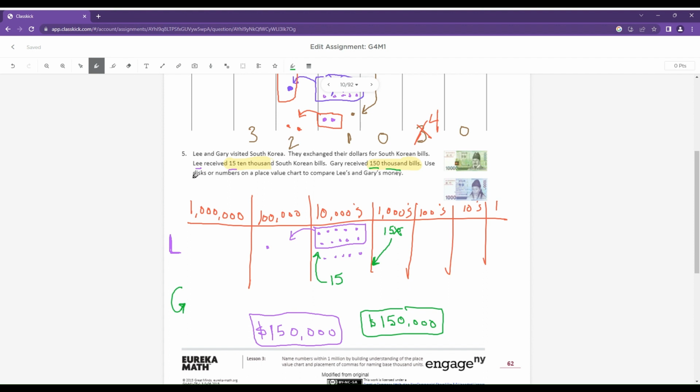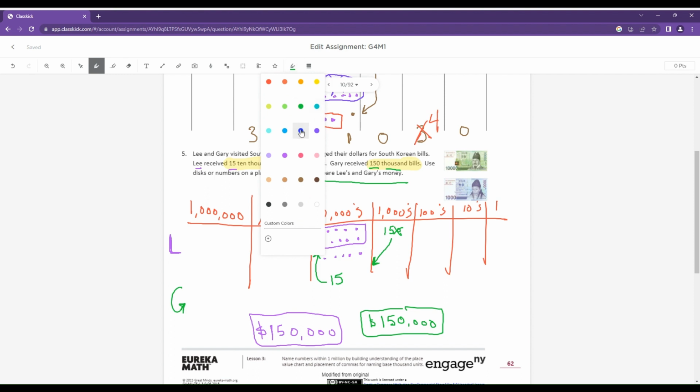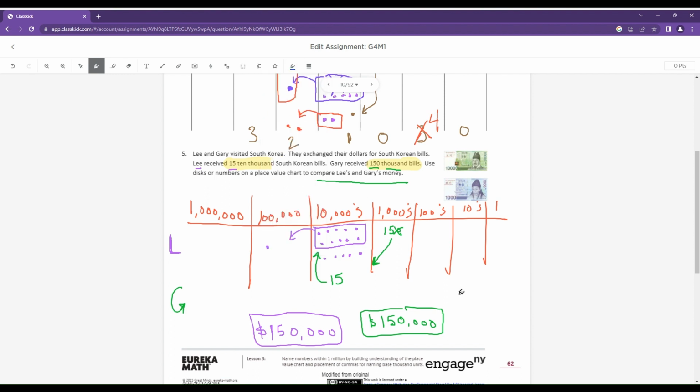So use this or the numbers on the place value chart to compare Lee and Gary's money. Well, there's not really much to compare because they have the same amount of money. Let's say Lee and Gary have the same amount of money.